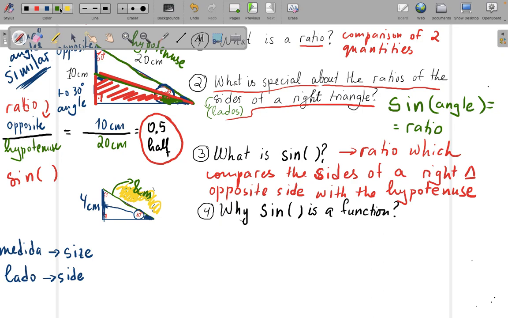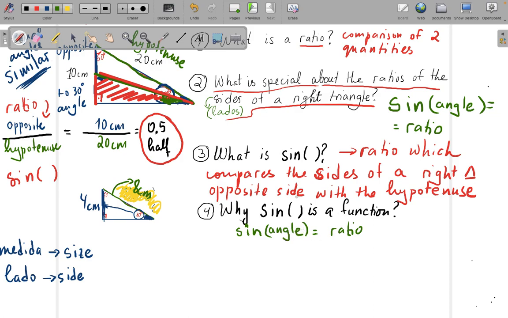It's also a function. Why is it a function? Because sine, okay, is a ratio, right? So tiene una respuesta, un output. Pero este output depende de la medida del ángulo. Okay?